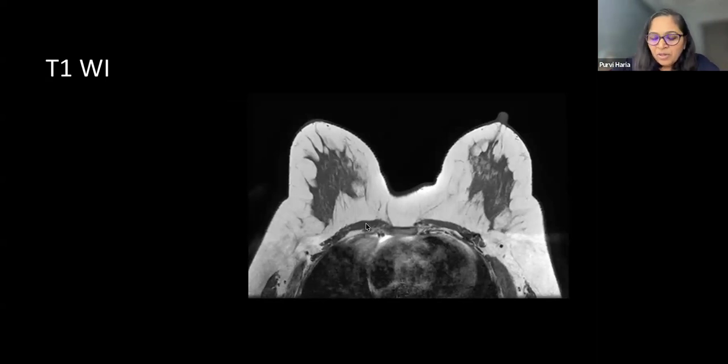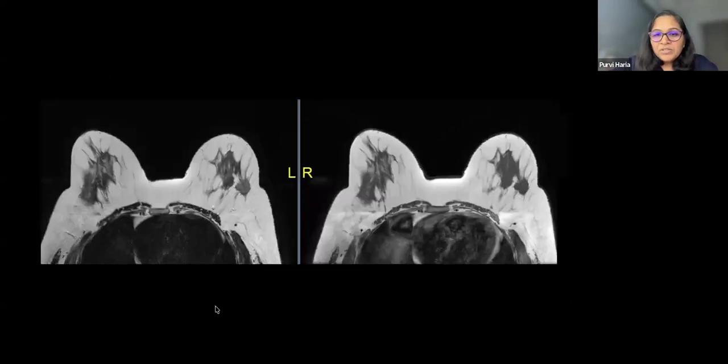So whenever we are talking about the intensity of the lesion, the comparison happens with that of the skeletal muscle, which is, you can see, the pectoralis. Sometimes you can see the shoulder girdle muscles also. With that, you can make the intensity character. You can decide whether it is hyperintense or hypointense compared to those muscles. Okay, so this is T2 and this is T1.